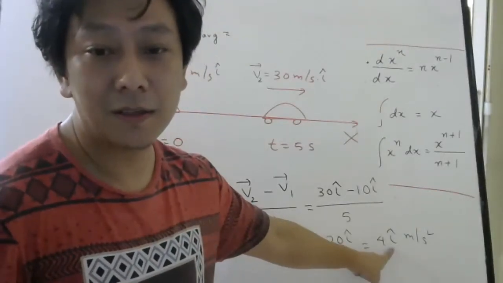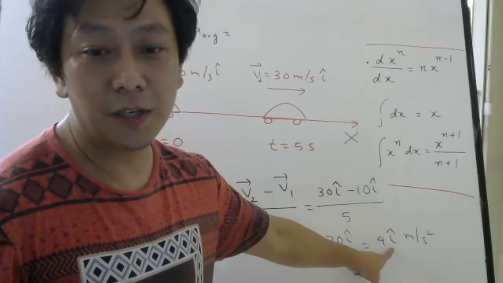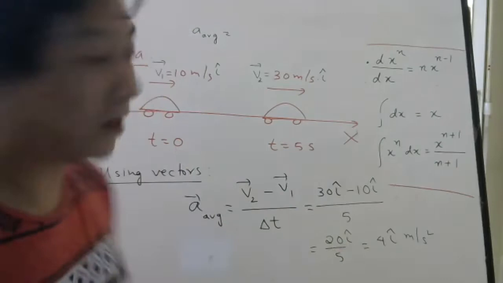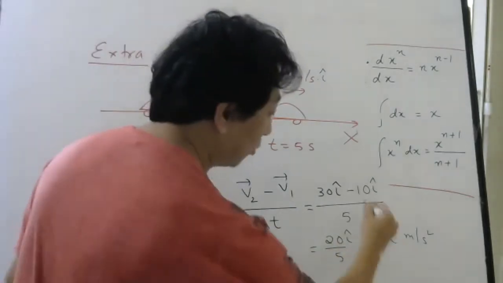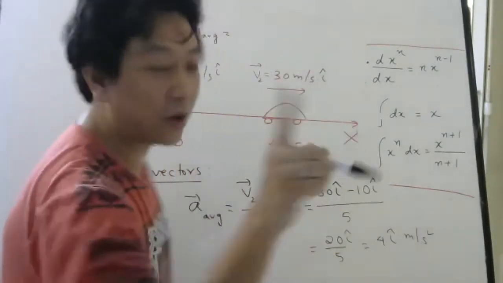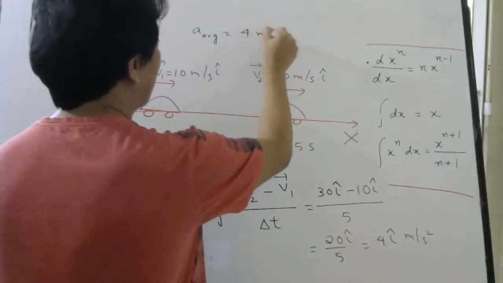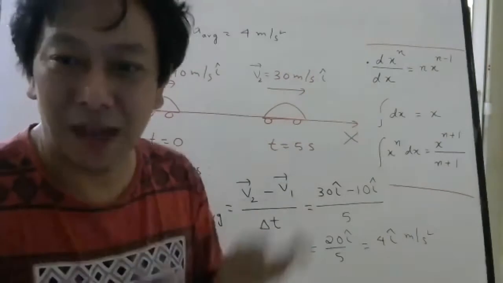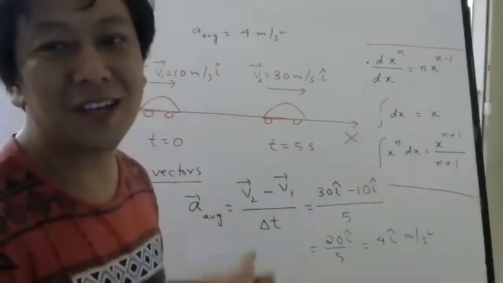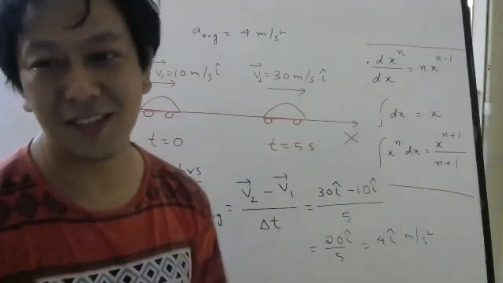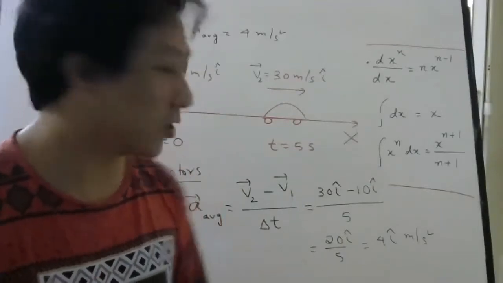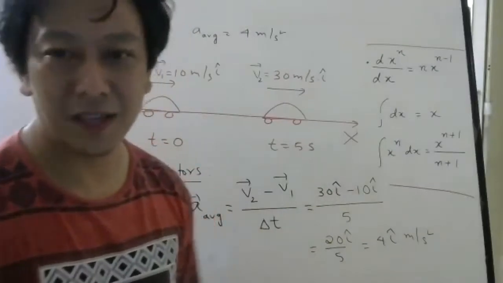Channa, what is the modulus of a unit vector? It is 1. So the average acceleration, if you take the magnitude, the unit vector gives 1, so the answer is 4 meter per second square. So you see, if they ask only for magnitude, there is no need to use vectors here. Why use them? Because i cap you can subtract easily.